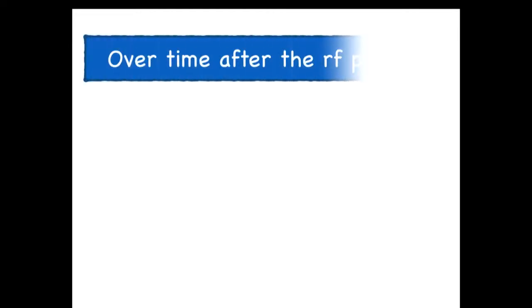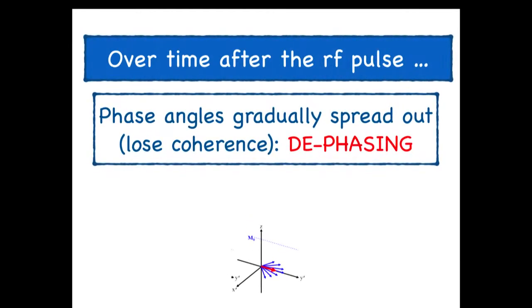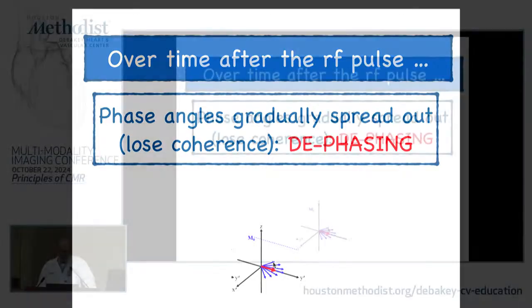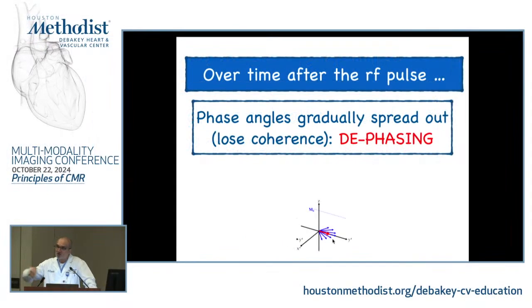The next thing we're going to talk about is T2. Okay, so T2 is the decay, all right? And so the idea here again is, if you think of it as if you knock everything down into the transverse plane, those protons are all spinning around together, but eventually they'll start to separate away from each other, all right? A simple analogy I can give you is, if you go to the Rice track and field, and you have a bunch of people out there.